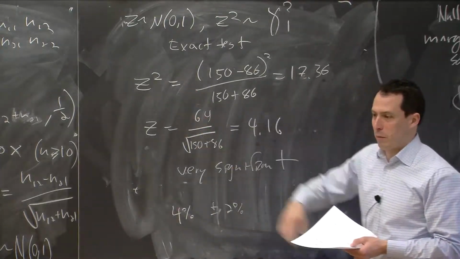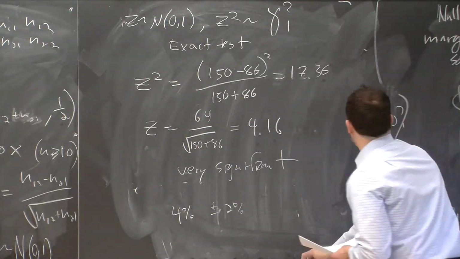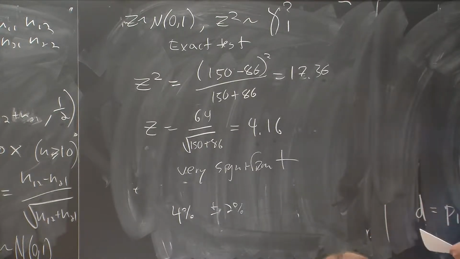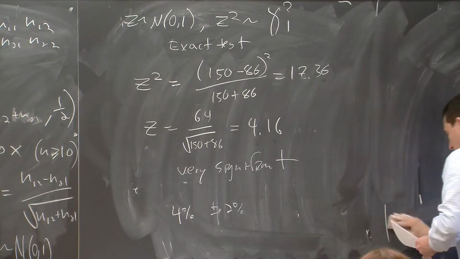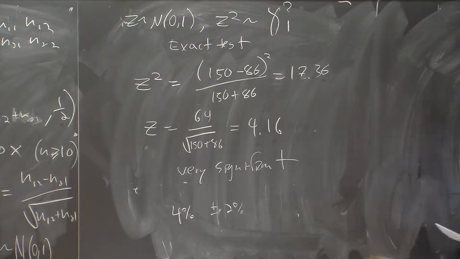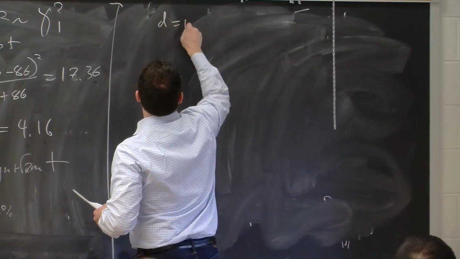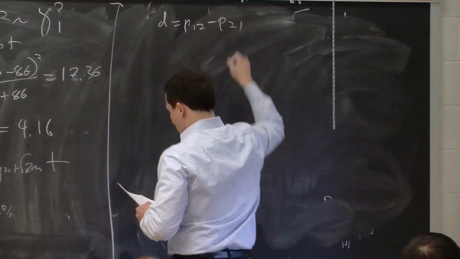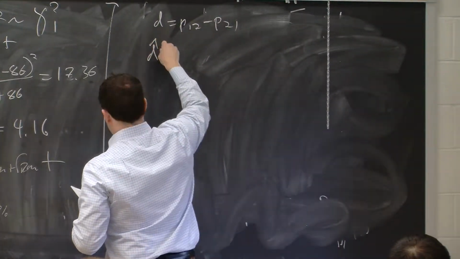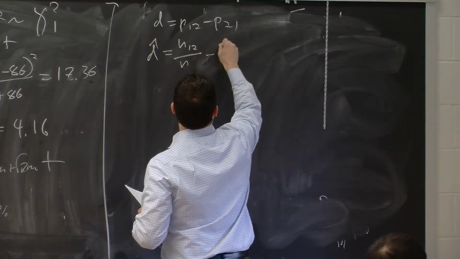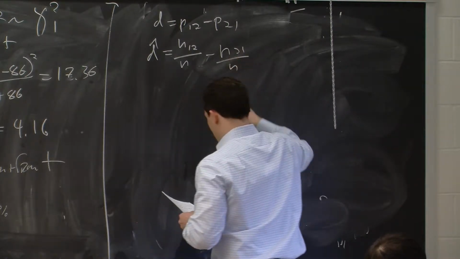And for that, we just need to compute the variance of our statistic for difference of proportions. So our d is p12 minus p21. Our d hat is n12 minus n21 over n.